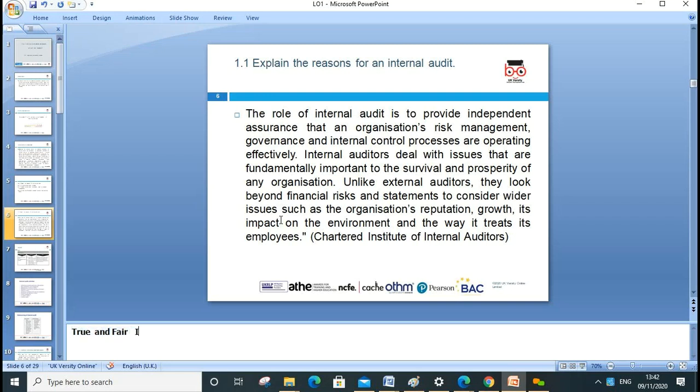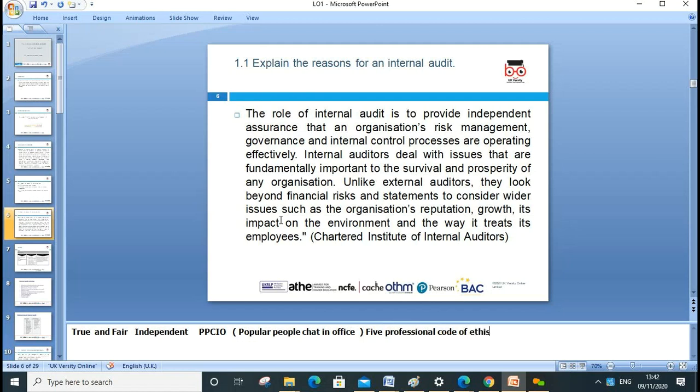So independent. What is independence? We learned about the professional code of ethics. Do you remember what these were? We learned 5 fundamental principles of the code of ethics.